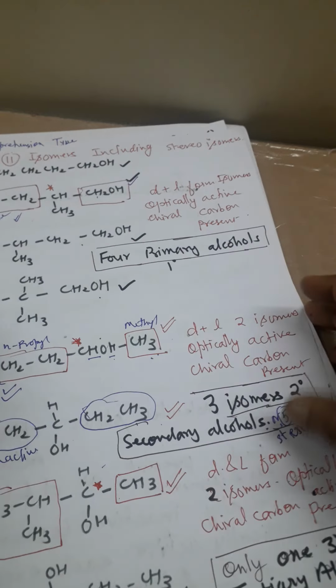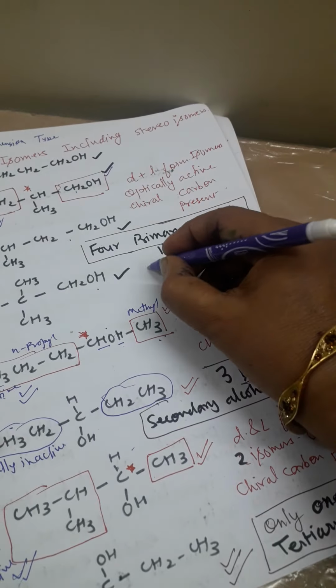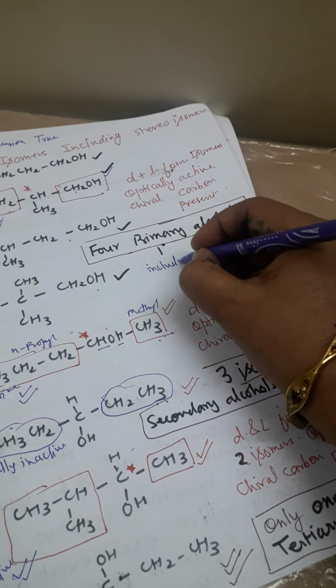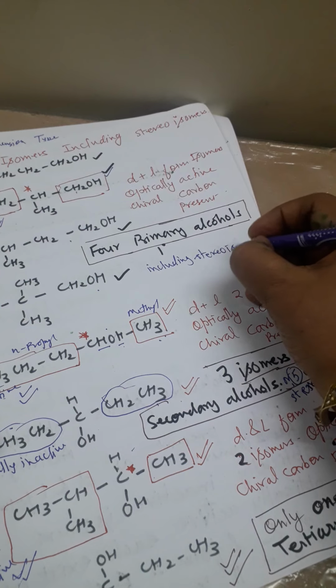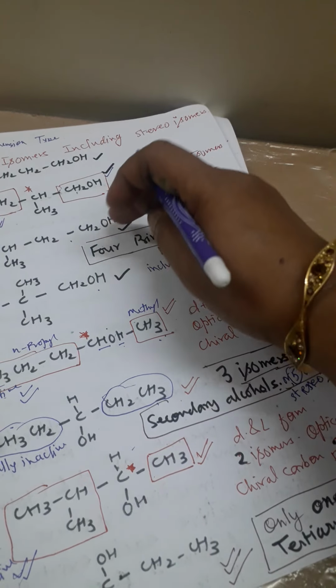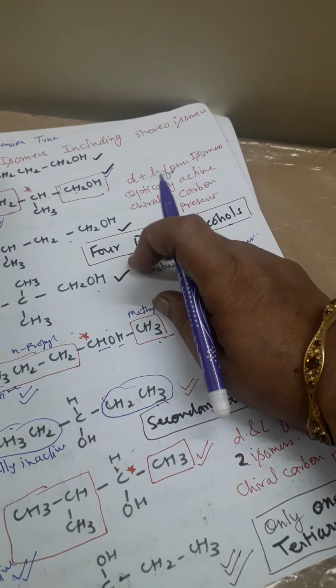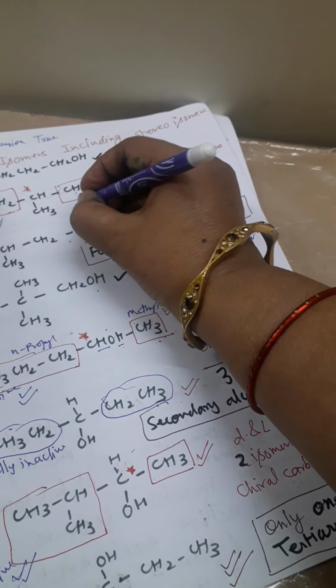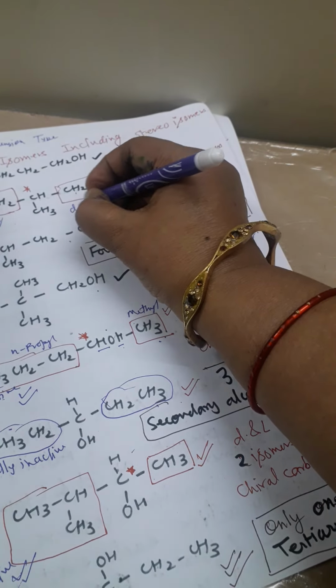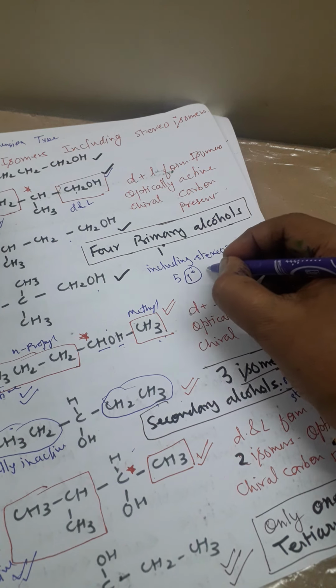And 4 primary alcohols, if they ask including stereoisomers, then what will we do? At that moment, you have to check whether there is an optically active one. See, 1, 2, 3, 4, and this is a plus 5. So here D and L. So here 5. So including stereoisomers, 5 primary alcohols.